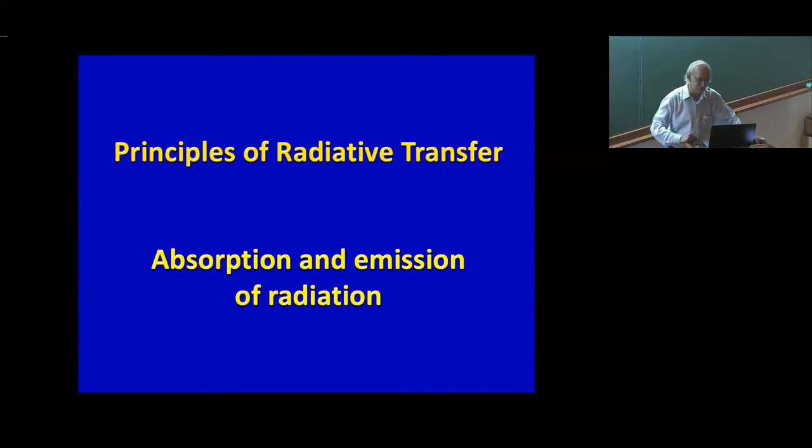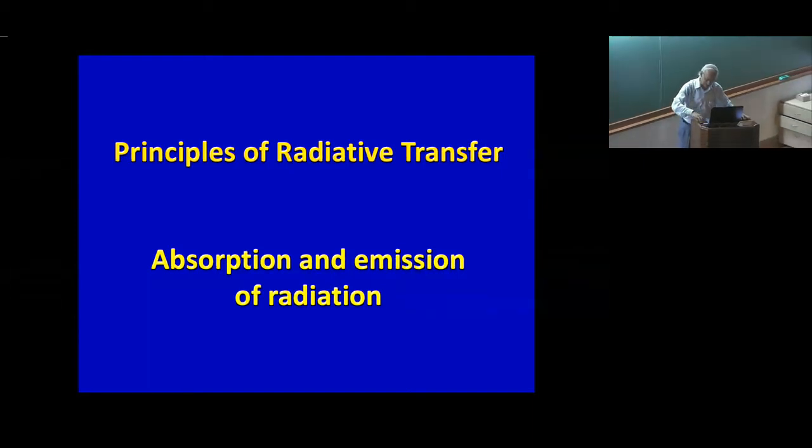And since almost all the information we get about celestial objects is through radiation, I thought it would be worthwhile to review the fundamental principles underlying absorption and emission of radiation. Now, this is something that all of you have read, but I don't think it'll hurt to revise it once more, or perhaps see it in a slightly different context, in the context of astronomy.